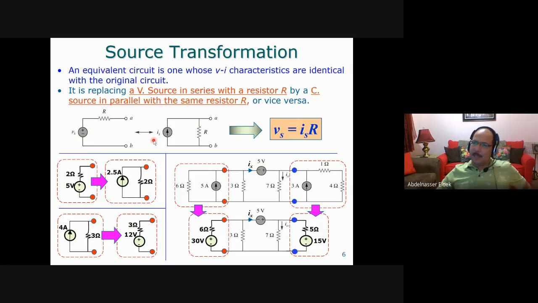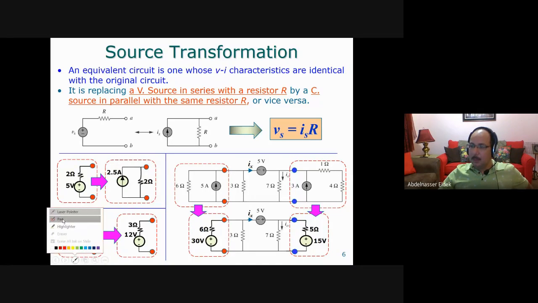Then, for example, if you look at this source here, this is a voltage source in series with the 2 ohm, 5 volt in series with 2 ohm. In this case, you can convert it to a current source parallel with the same resistor, 2 ohm. But what is the current? You follow Ohm's law.